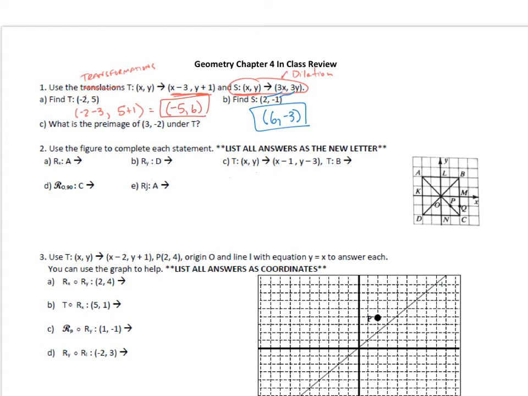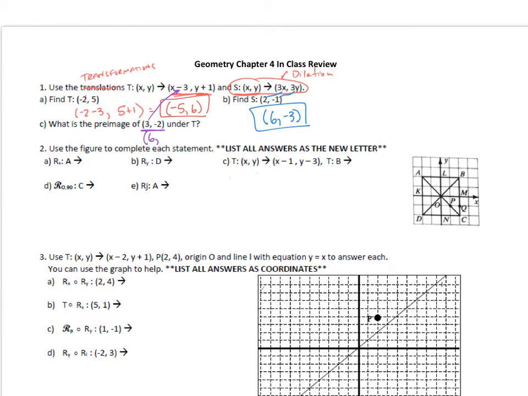Now for the pre-image ones, this is where I ended up, so I want to know what happened before it. So I'm going to do the opposite under this transformation. Instead of subtracting 3, I'm going to add 3. So this was 6, so it went from 6 to 3.